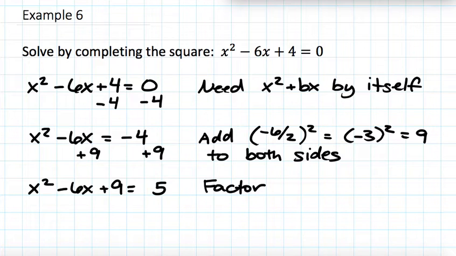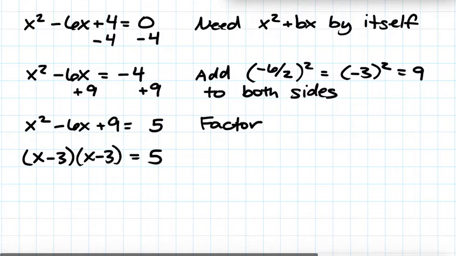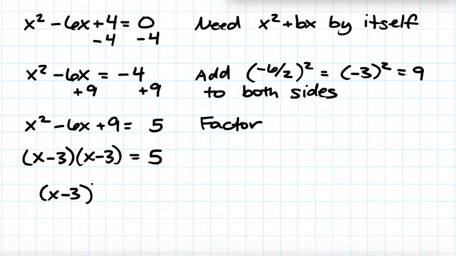And since I added 9, the idea is that this should factor very easily into two sets of parentheses that are the same. So two numbers that multiply to +9 and add to -6, they're going to both be negative, -3 and -3. Keep the 5 over here, and then I can write that as x minus 3 squared, because they're the same, which is what I wanted.